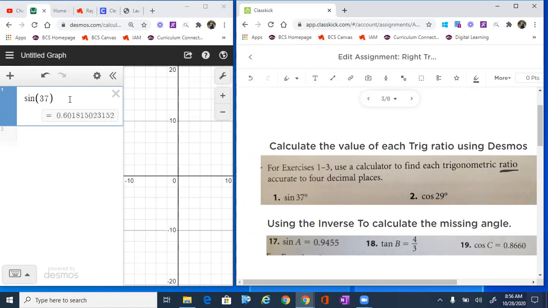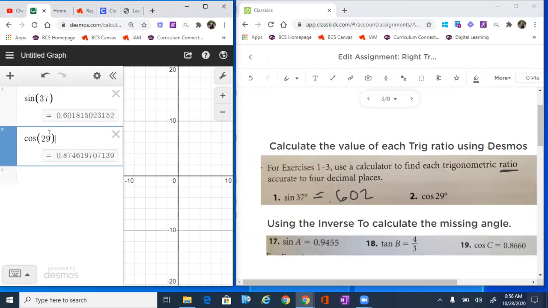In this case, sine of 37 is just simply 0.602 if I round that. And then, of course, I can do the exact same thing with cosine of 29. And that gives me 0.8746 or 0.875. Nice and easy calculations.